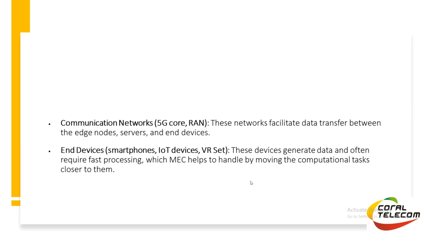The end devices can be anything, a smartphone, an IoT sensor, a VR set, it may be anything. So in the end device, suppose we talk about sensor data, it is sent to the edge server, that is the edge core, and processed on the edge side.